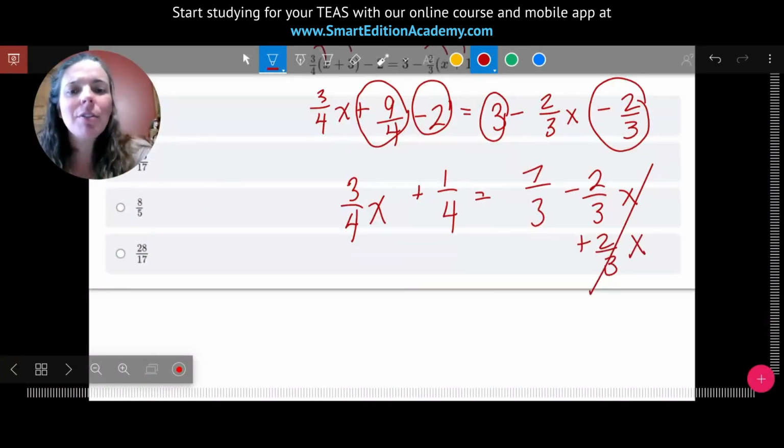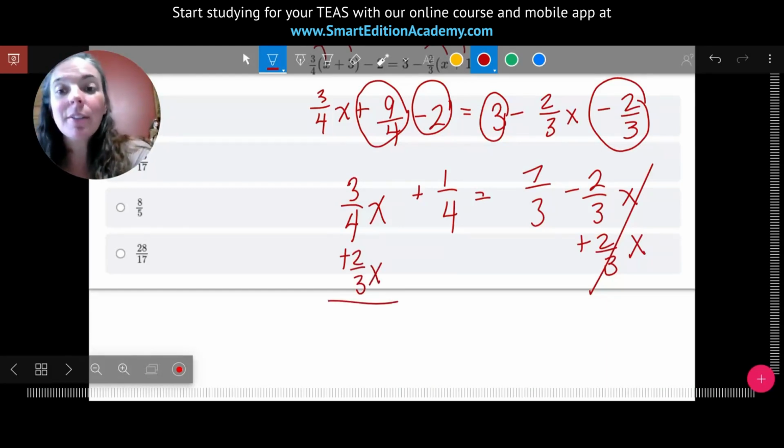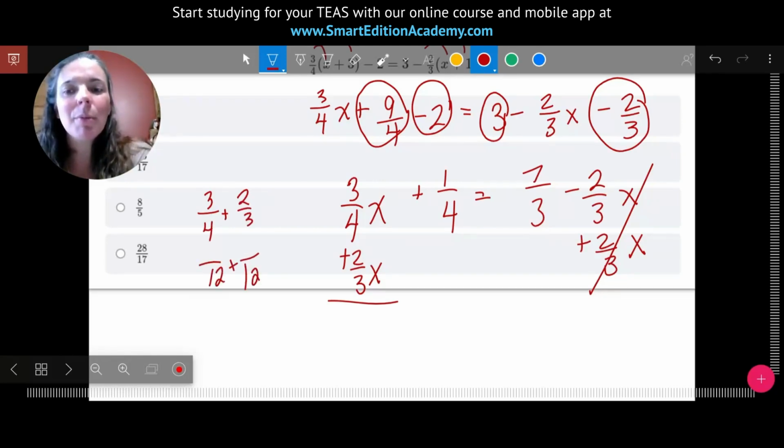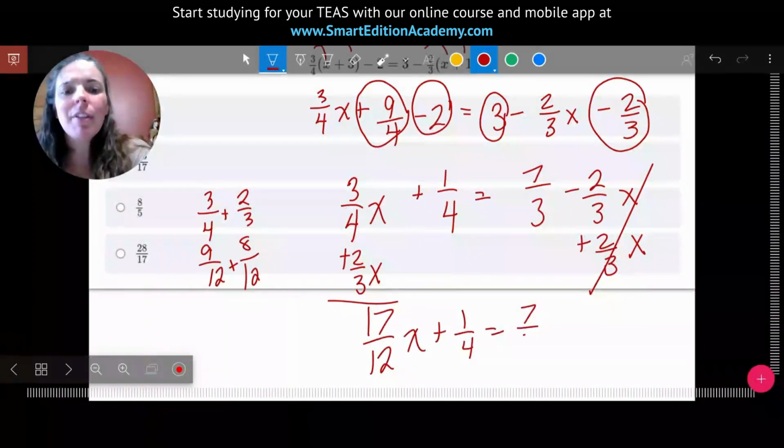So let's add 2/3 x. Again, just trying to think off to the side: 3/4 plus 2/3. I need a common denominator. So I really want to be comfortable with fractions here. Same thing as 9/12 plus 8/12, so 17/12 times x plus 1/4 equals 7/3.